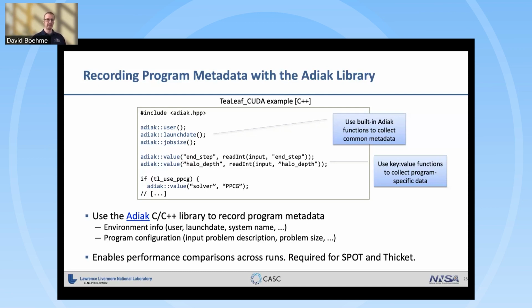And then we have program-specific things, like the input deck that was used for the problem size, so anything really specific to the application that would help you analyze performance later on. So Caliper includes this information in its output formats, and then we can also load it into Thicket.